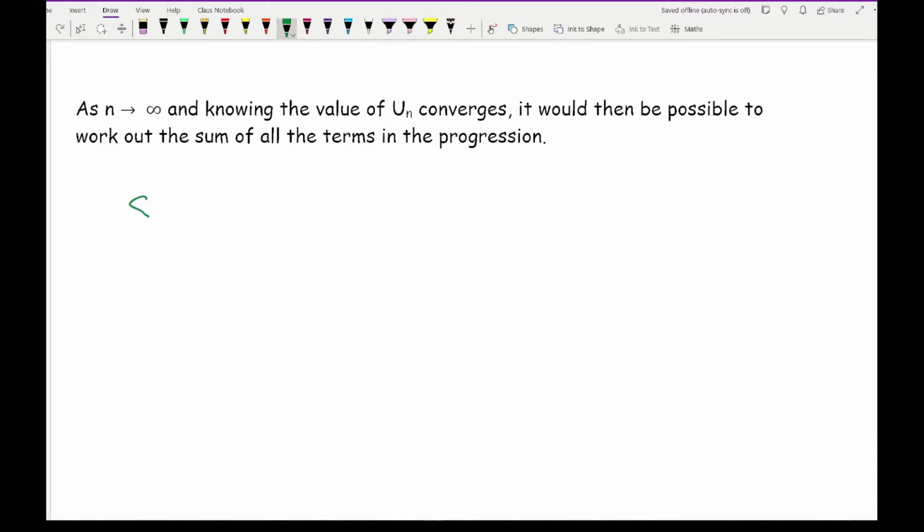So if we look at the sum of n terms, it equals a(1 - r^n) over 1 - r. Now as n tends towards infinity and r is a value between -1 and 1, you notice that the terms are actually going to get smaller.